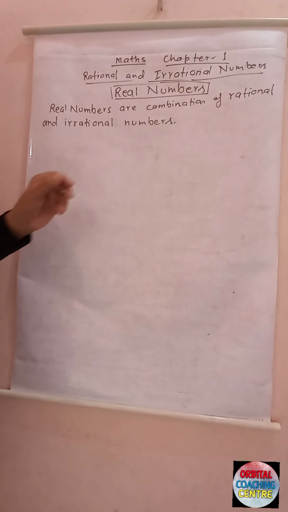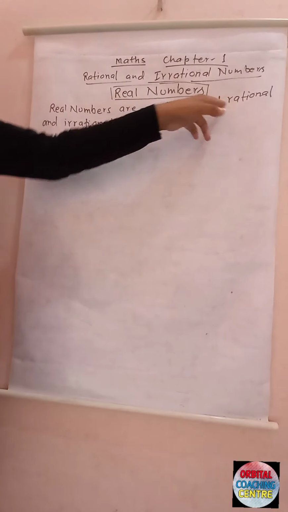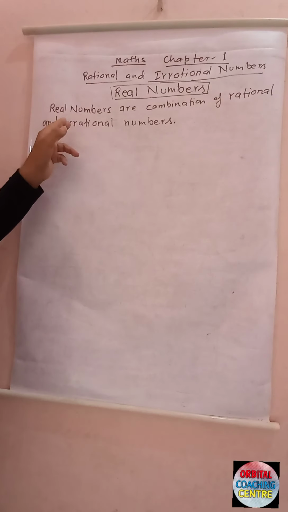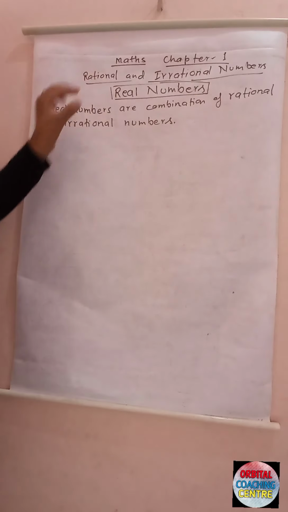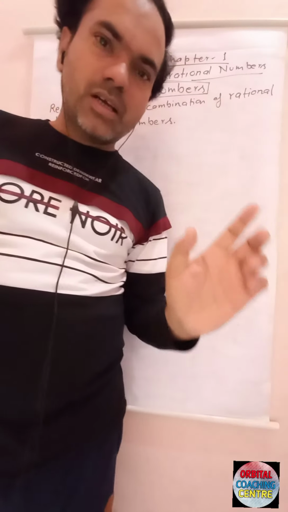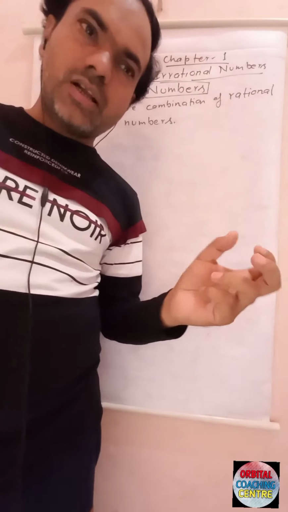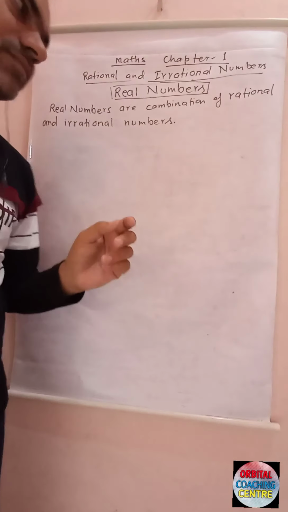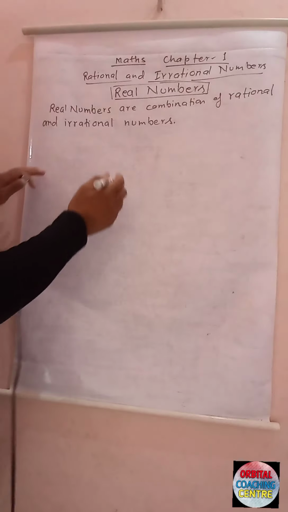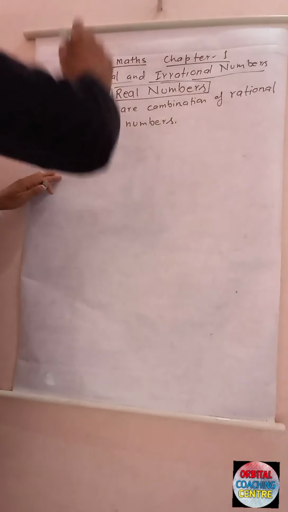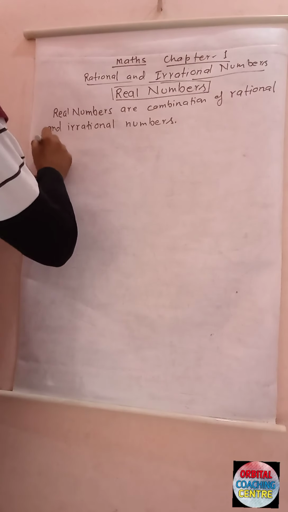So we can say that all rational numbers are also real numbers and all irrational numbers are also real numbers. Okay. Now, what is a rational number and what is an irrational number?